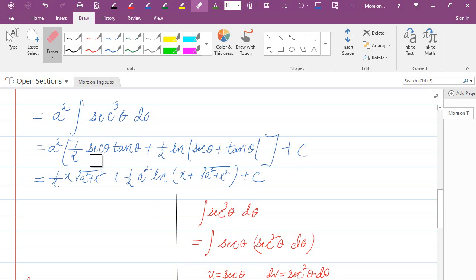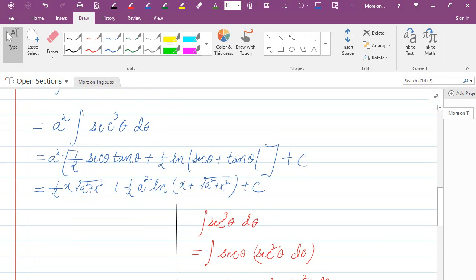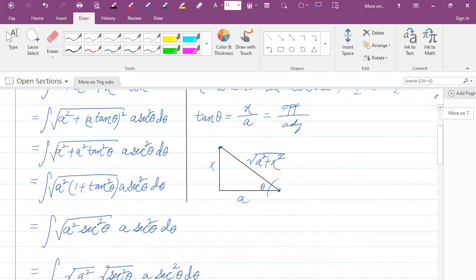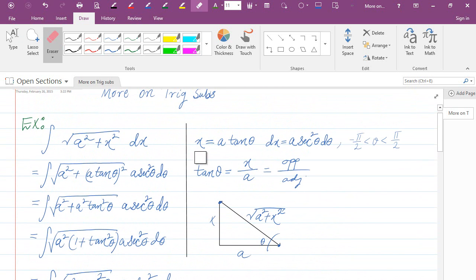So once I got to this antiderivative here, now I have to plug back in x. So how do I do that? Well, I have to calculate tangent and secant at theta. Recall that we took x to be a tangent of theta, so therefore tangent of theta is x over a.